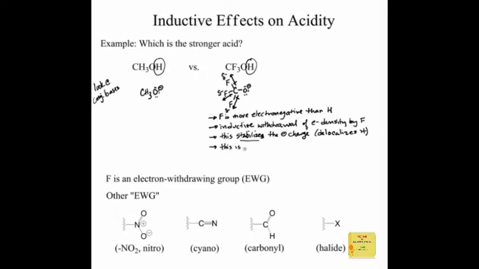If this is the more stable conjugate base, what does that tell you? This is the more stable and therefore less reactive, meaning weaker, conjugate base. And the weaker conjugate base has the stronger parent acid.